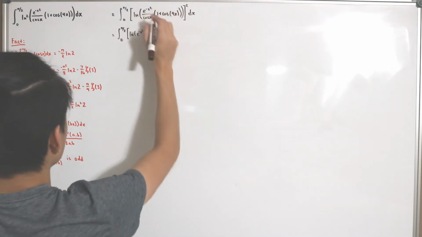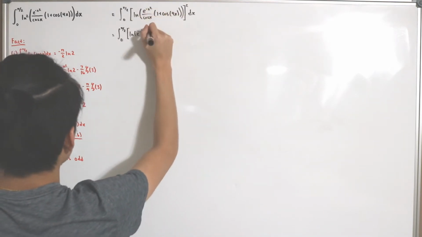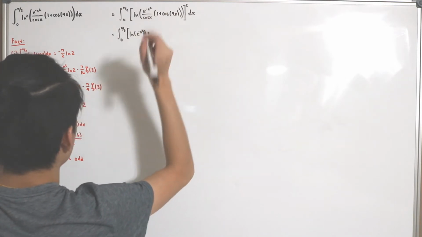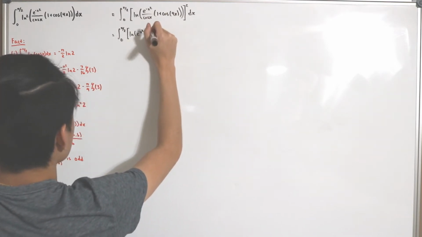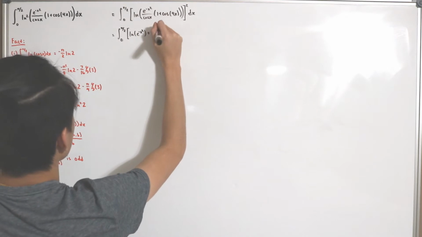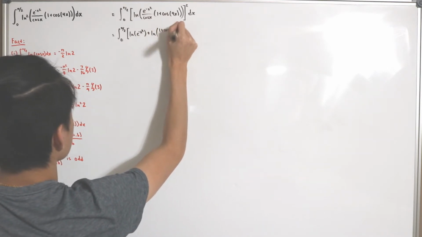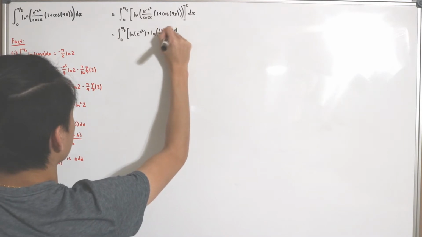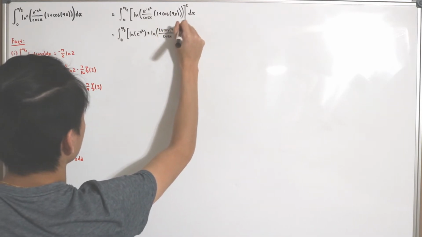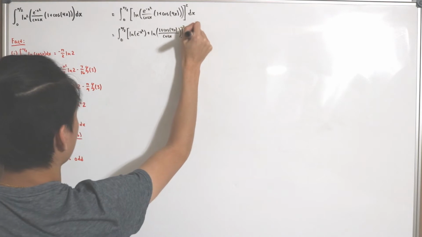Simply, this is addition, since this is a product. I meant to say addition, not difference. So the natural log of 1 plus cosine 4x divided by cosine x, and then squared, dx.